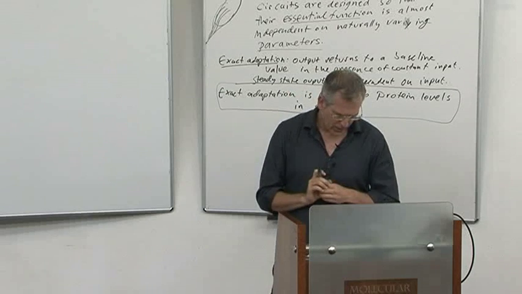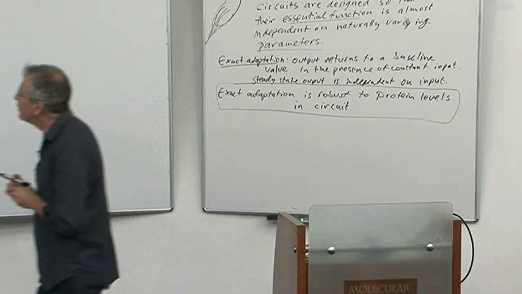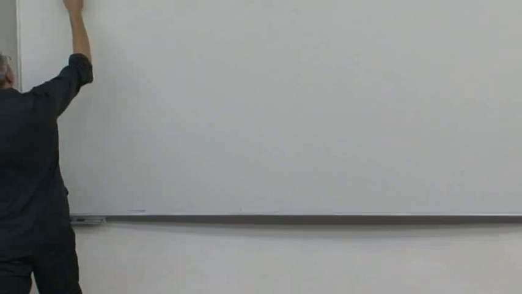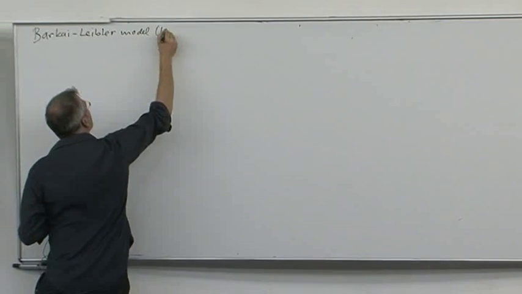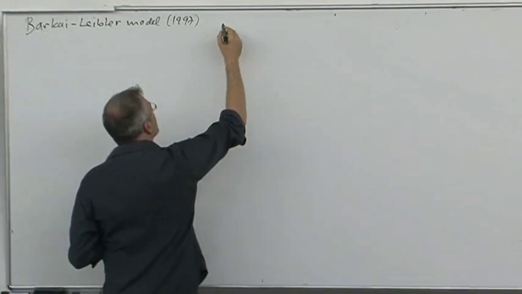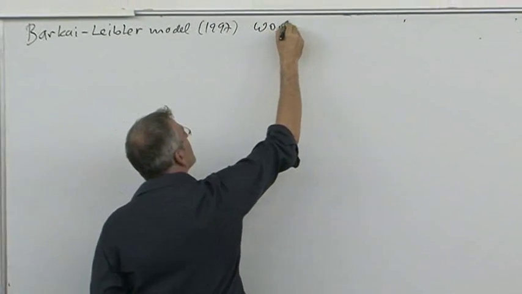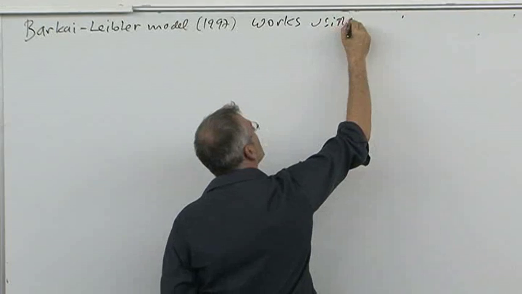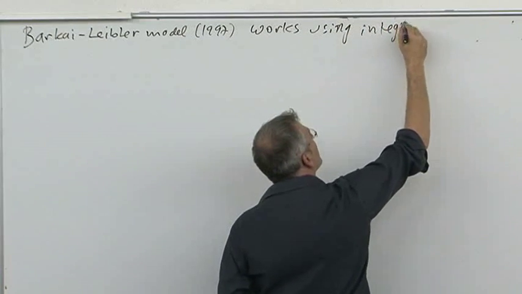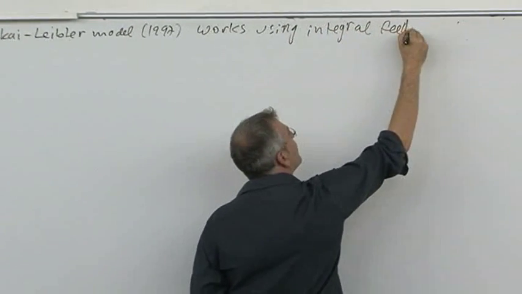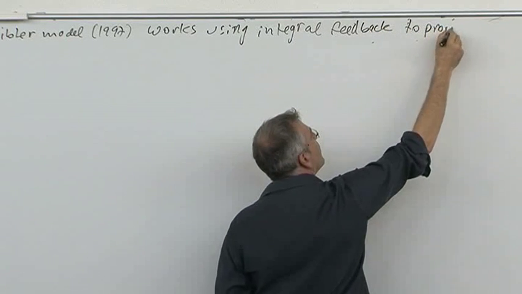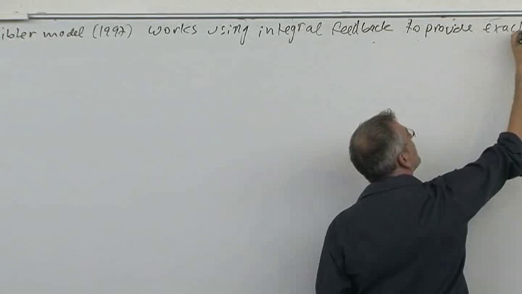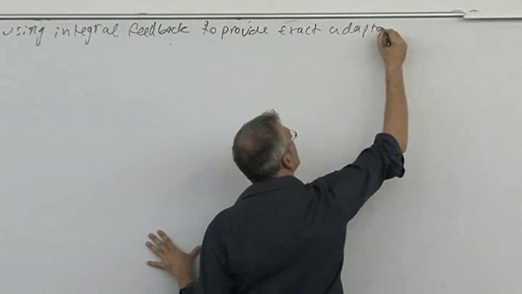I'm just going to show you the model that figured out how this works. This is the Barkai-Leibler model, '97, which works using a principle called integral feedback that I'm going to explain to you to provide exact adaptation.